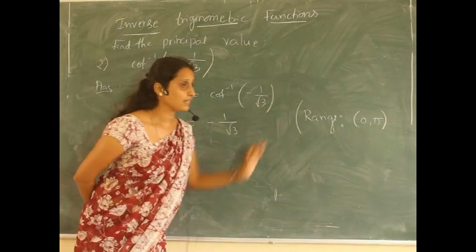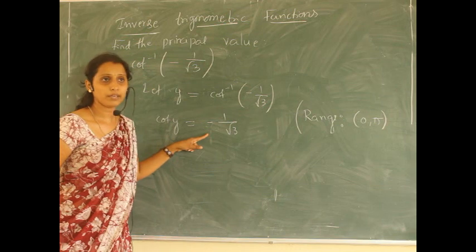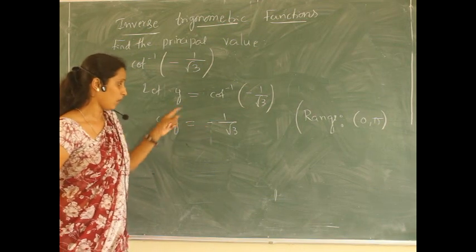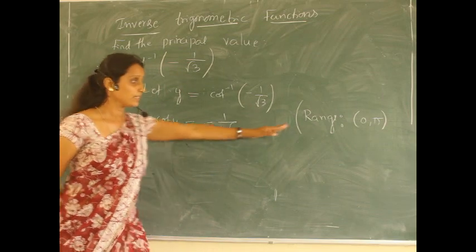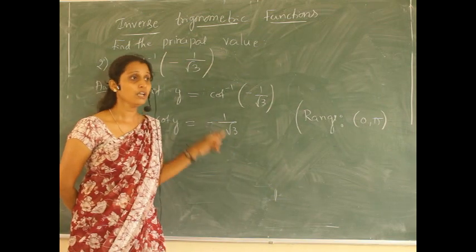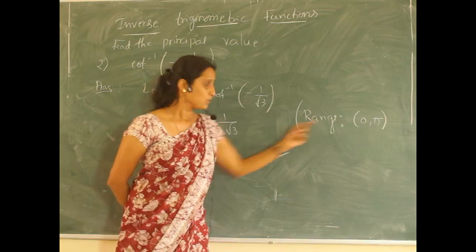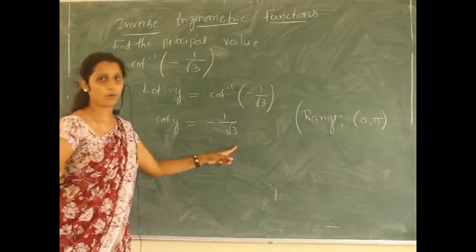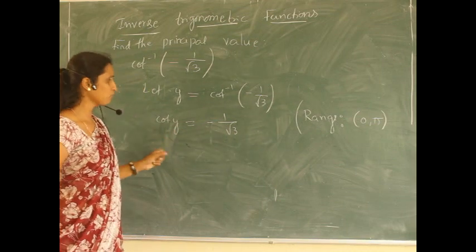Since cot y is minus 1 by root 3, which is negative, and cot is negative in the second or fourth quadrant, we cannot consider the fourth quadrant. We have to consider the value in the second quadrant.